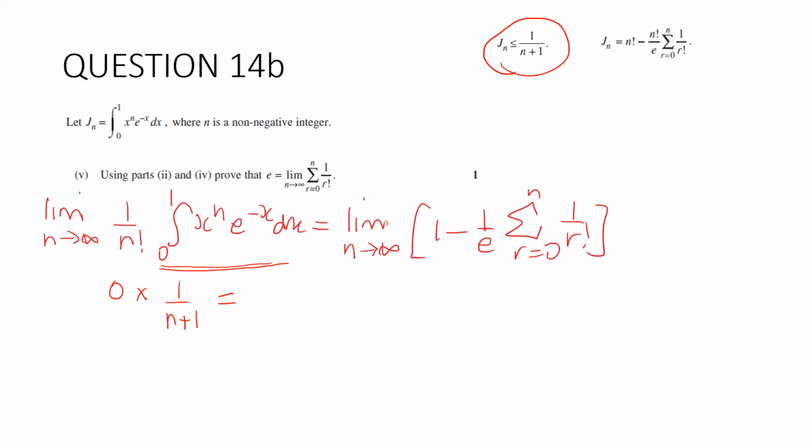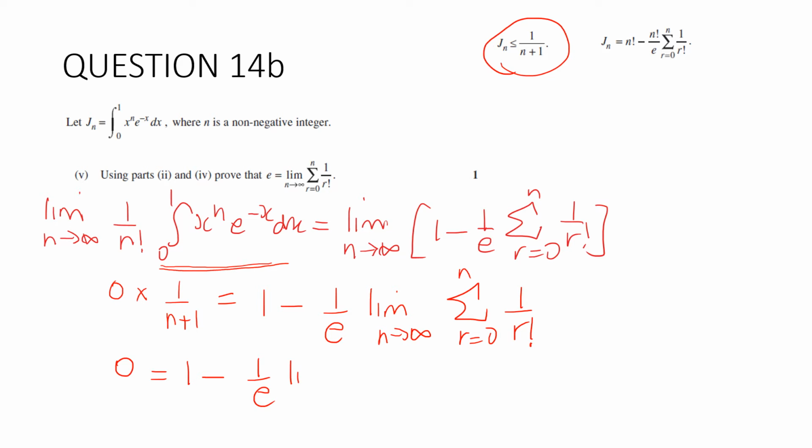Is equal to the limit as n approaches infinity of 1, which is 1, take away 1/e, and then we have the limit as n approaches infinity of the sum of r=0 up to n of 1 over r!, which gives us 0 is equal to 1 minus 1/e times the limit as n approaches infinity of the sum of r=0 up to n of 1 over r!.